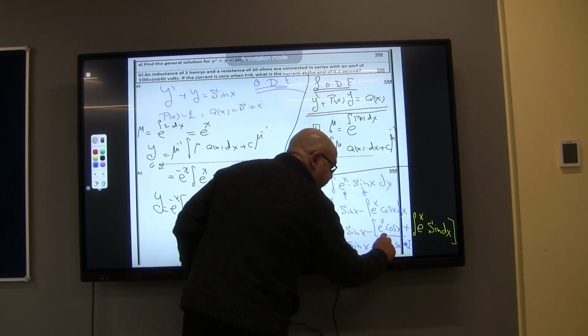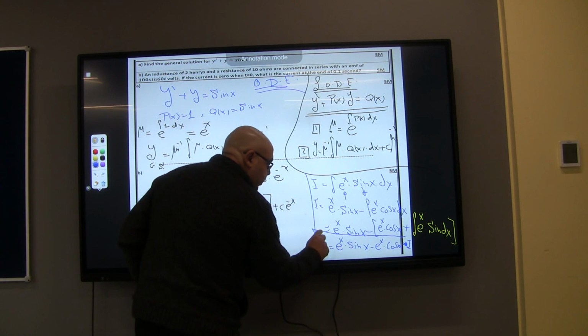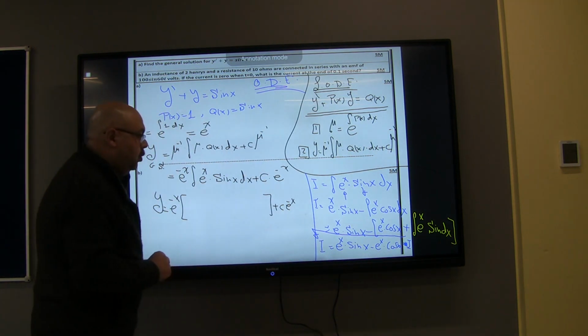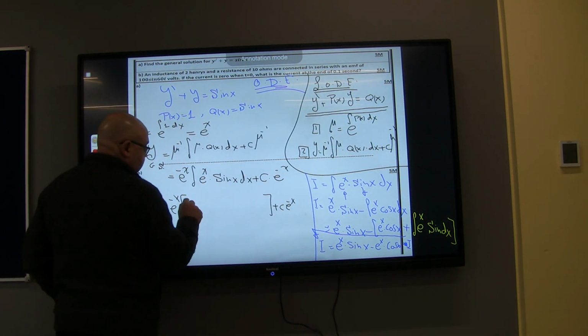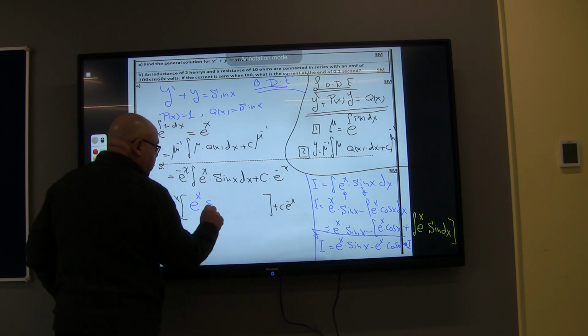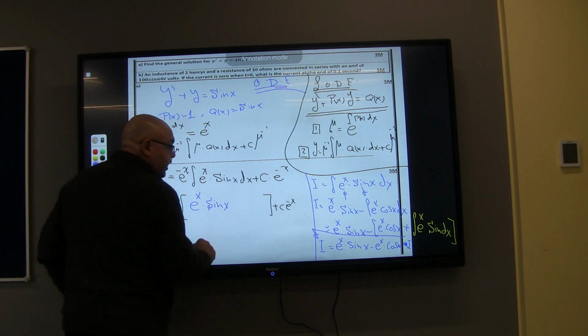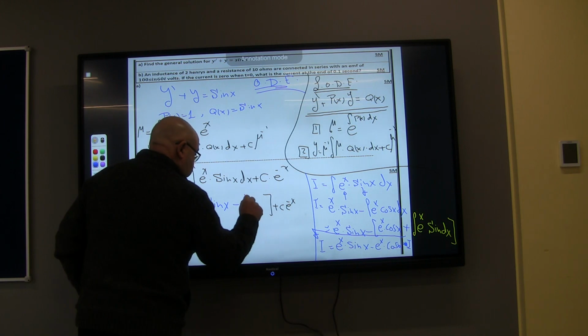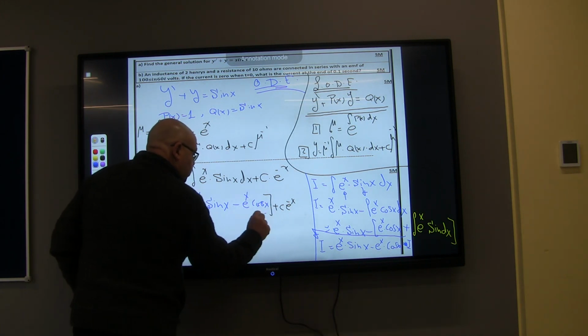I will start moving I from the right hand side to the left hand side, and this will make you see I like this: e power x times sine x minus e power x cosine x, all of it divided by 2.